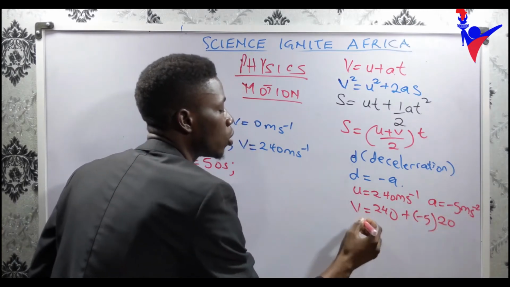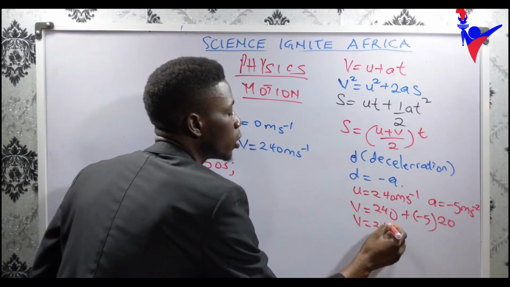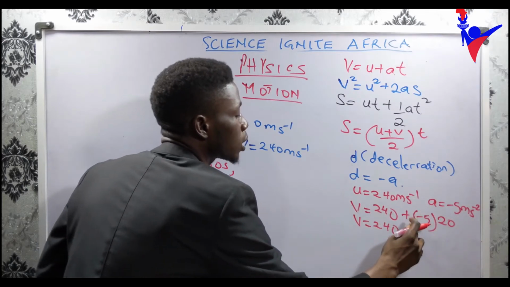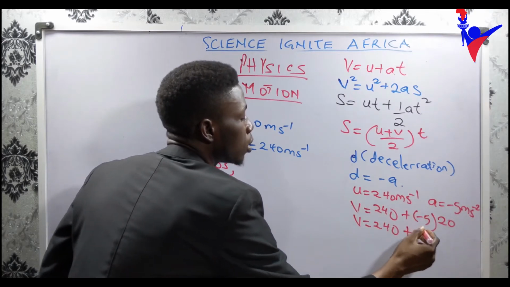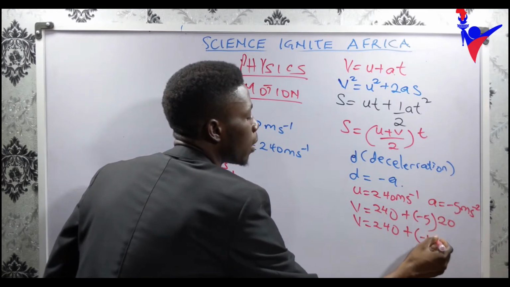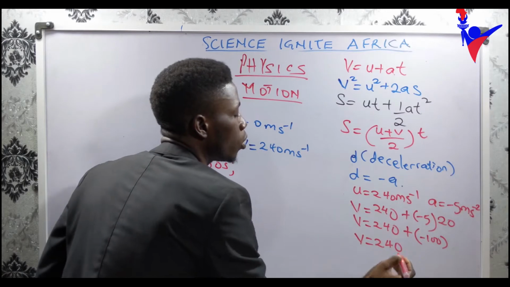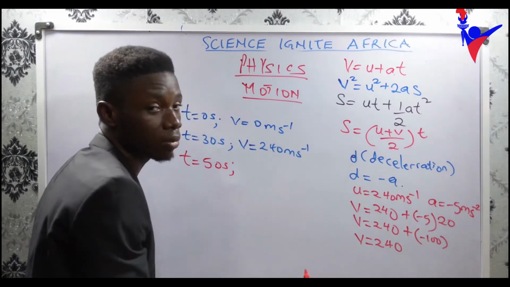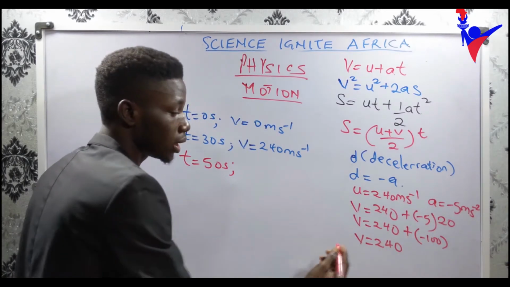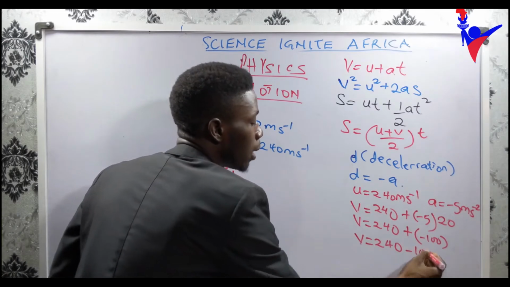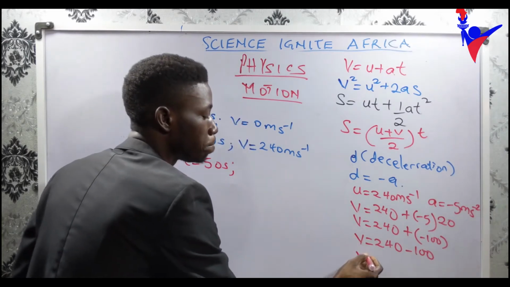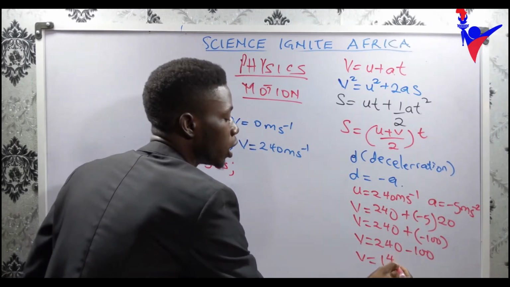So times 20. I will have v equals 240 plus minus 5 times 20, that will give me minus 100. Of course, plus times minus, we know from basic mathematics that will give you negative, so that will be minus 100. So my v will be 140.